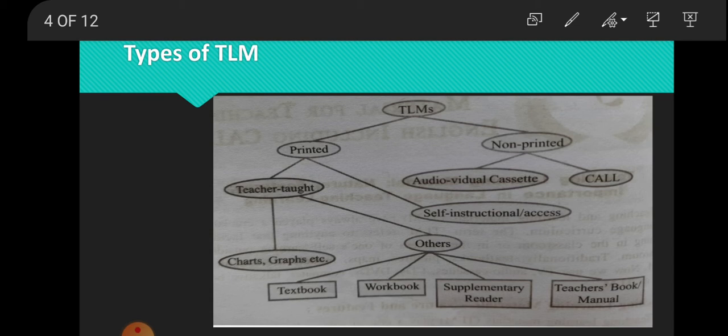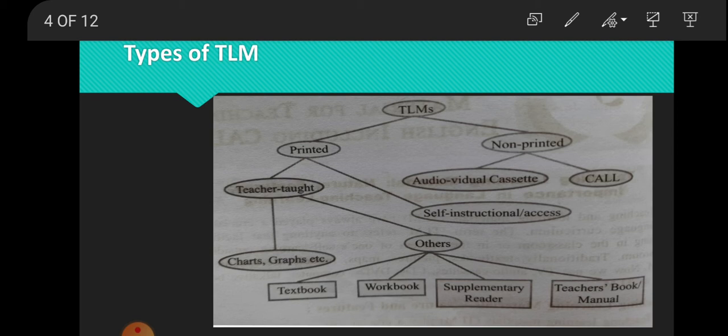And these are all the materials which are in printed format. Also in printed format there is self-instructional material. On the other hand, we have non-printed TLM. What are those? At first, we can say audio and visual cassettes.